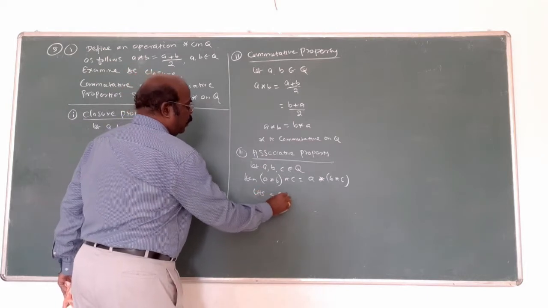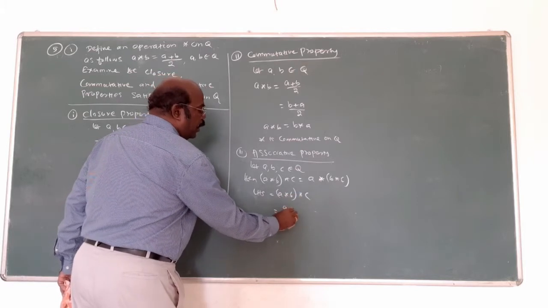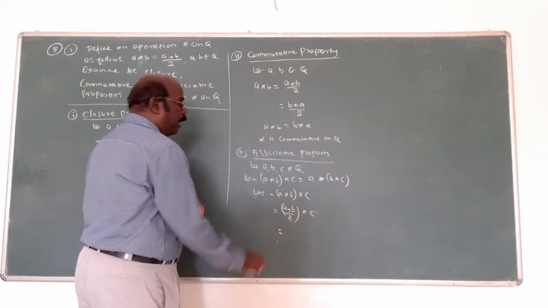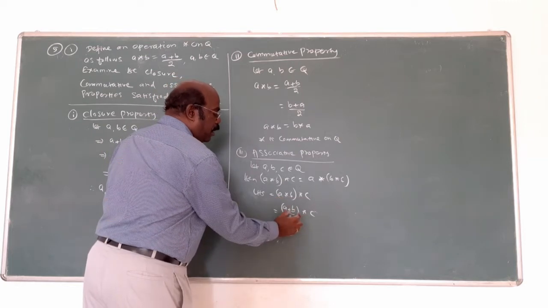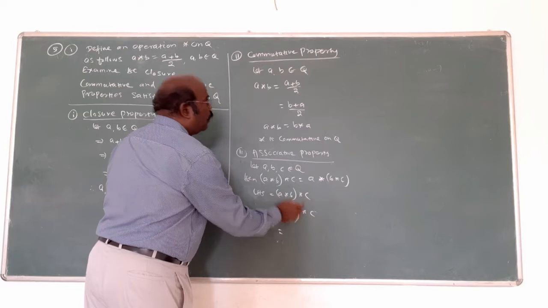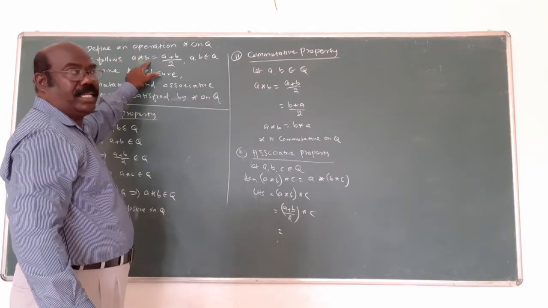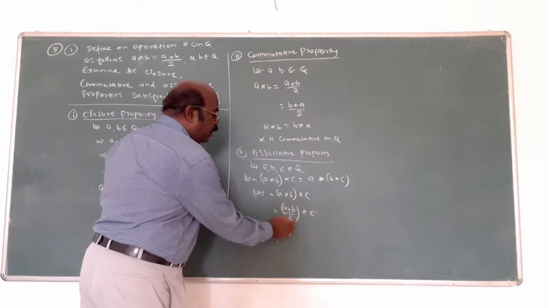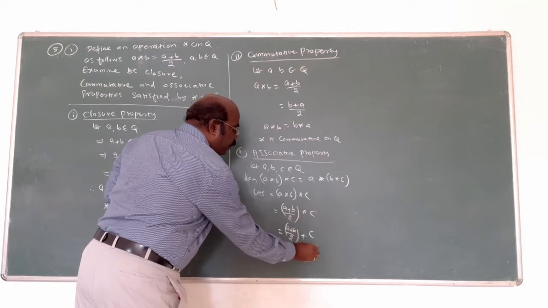LHS equals A star B star C. A star B is A plus B by 2, star C. Once again, what is the formula? A star B means adding both divided by 2. The element before star plus the element after star, the whole divided by 2.